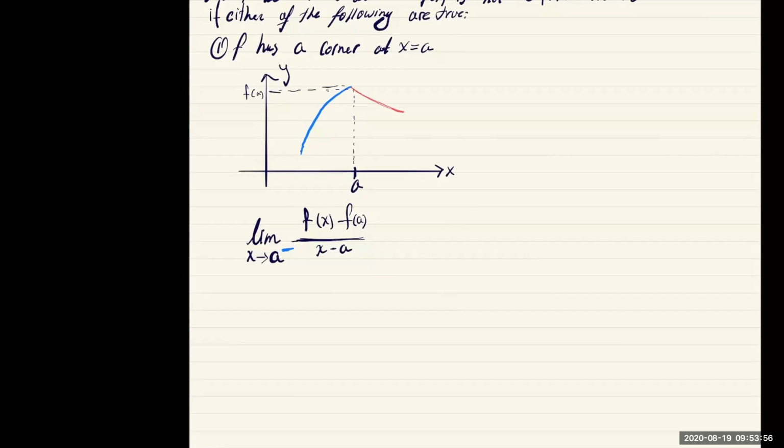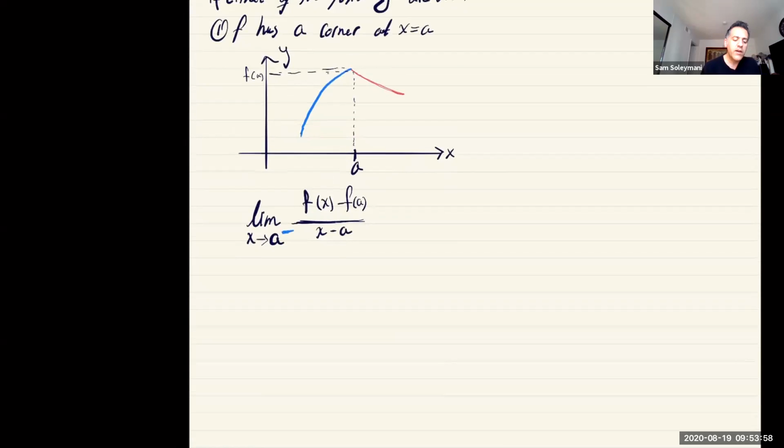Now, if you are using the red curve, this red curve right here, take f of x to be here. So say this is x, this is f of x. Here's the slope of the secant line.